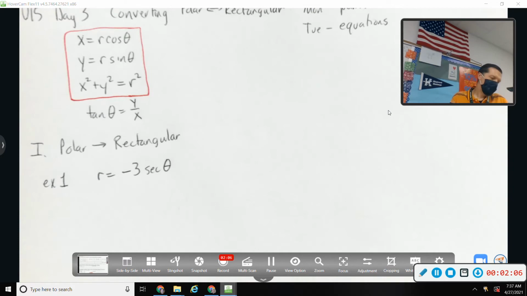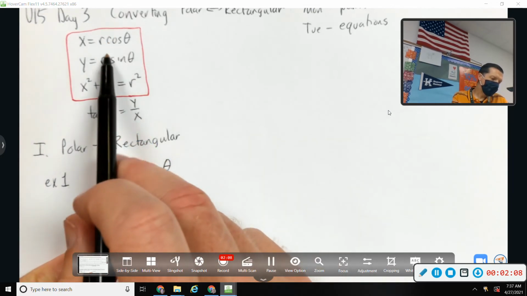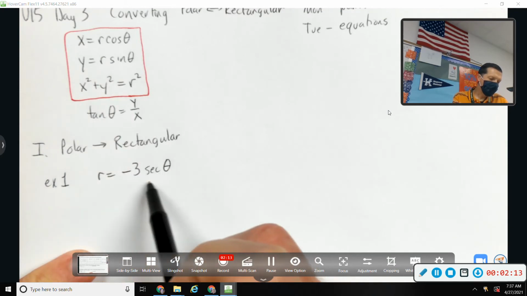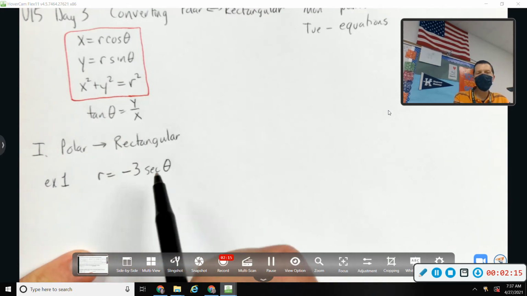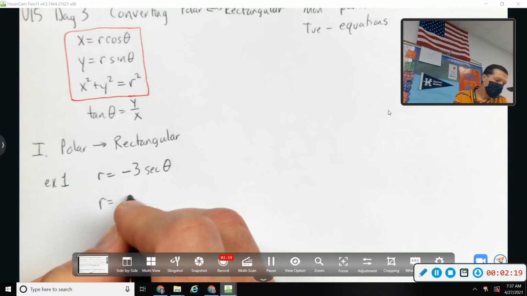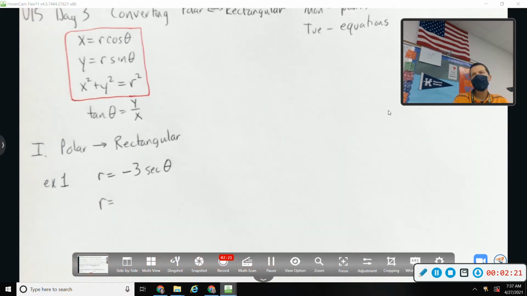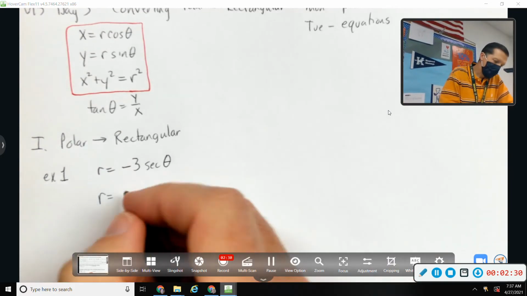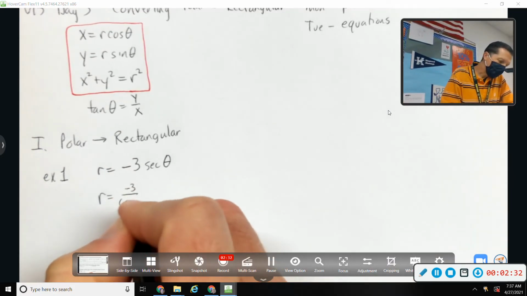Now, I really like this stuff to show up so that I can make the swap. There's definitely nothing involving secant, so let's change secant to, what's secant the same thing as? Yeah, cosine but flipped. So let's change secant to 1 over cosine. So -3 over cosine.